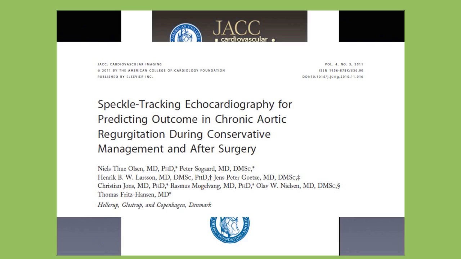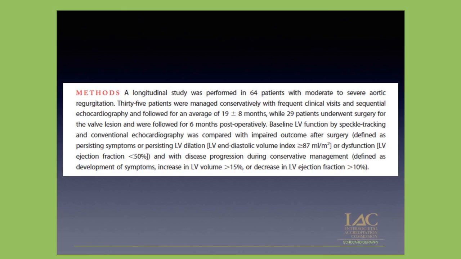We want to procrastinate the decision as best we can so that the patient can keep his own valve as long as possible and as long as safe, but at the same time, we do not want to see progression of disease to the point where there is LV dilation and a reduction in ejection fraction.